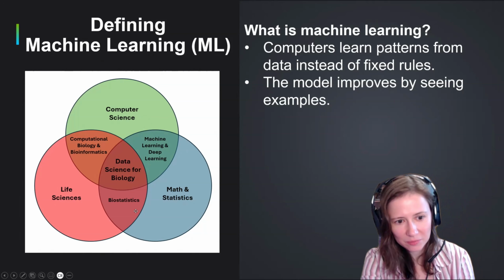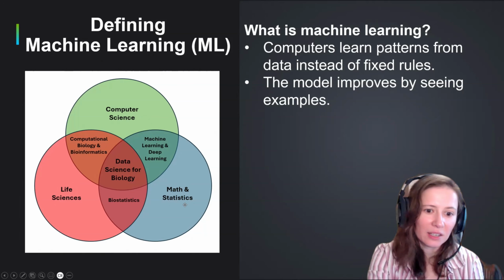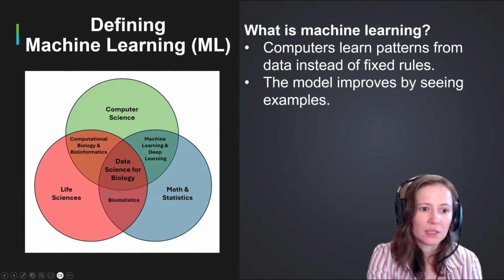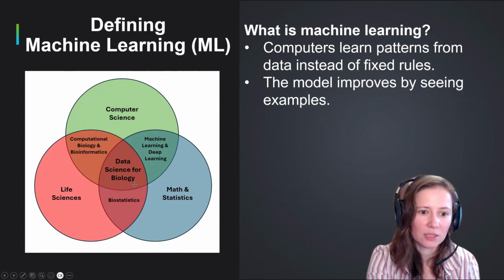Combining all that, your life sciences background, computer science background, and math and statistics background, it gives you a nice set of skills that makes you become a data scientist for biology.